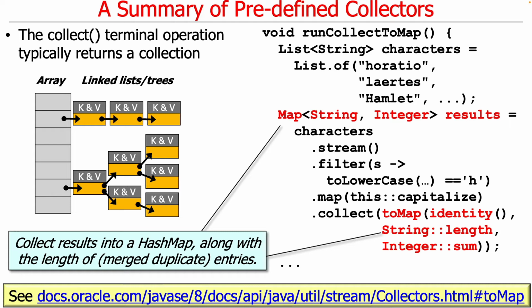And so if you end up with two characters in Hamlet that have the same name, which actually occurs because there's Hamlet the father and Hamlet the son, and there's Fortinbras the father and Fortinbras the son, which is always very confusing when you first read the play because you're like, what the heck is going on here? What they're going to do is, since you can only have the name appear once, we're going to sum the length. So Hamlet would probably end up with the value 12 if Hamlet appeared twice, because we'd add it.